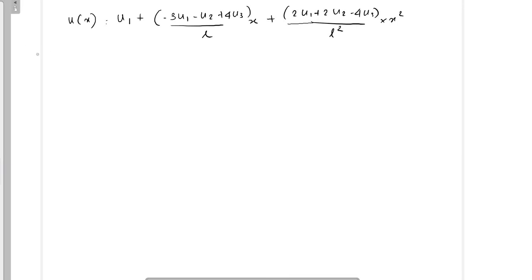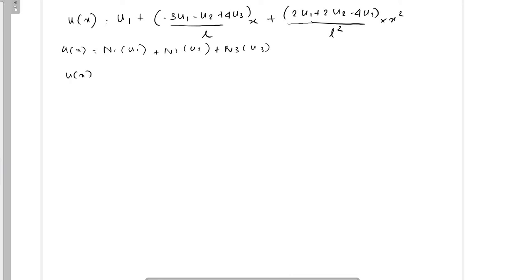I am going to separate all the terms because I need the u equation in the form of some shape function into u1, some shape function into u2, some shape function into u3. So I am going to separate all the terms in this equation.